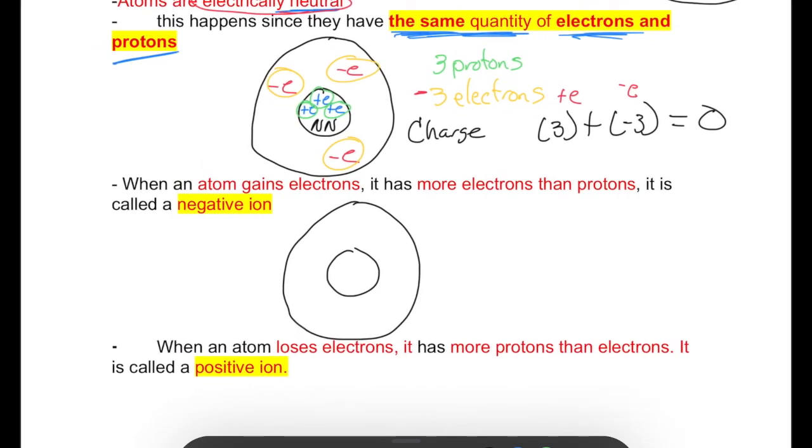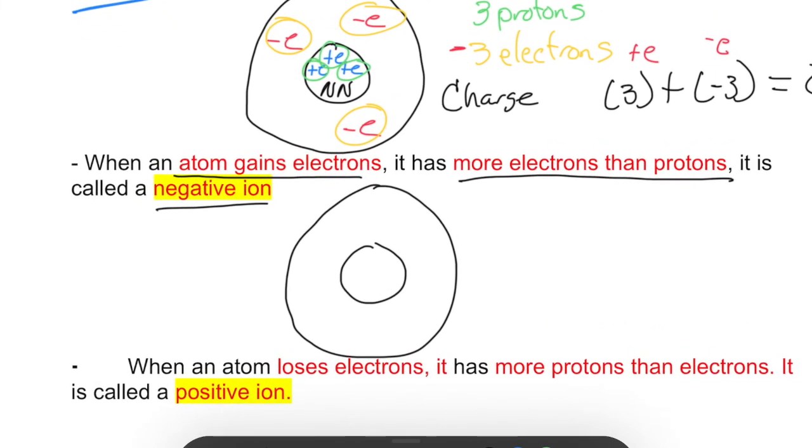Now, what is going to change right here? If an atom gains an electron, they have more electrons than protons, and it is going to be called a negative ion. Let me draw exactly the same in this one. We have 1, 2, 1, 2, 3. And then right here we had 3 electrons.